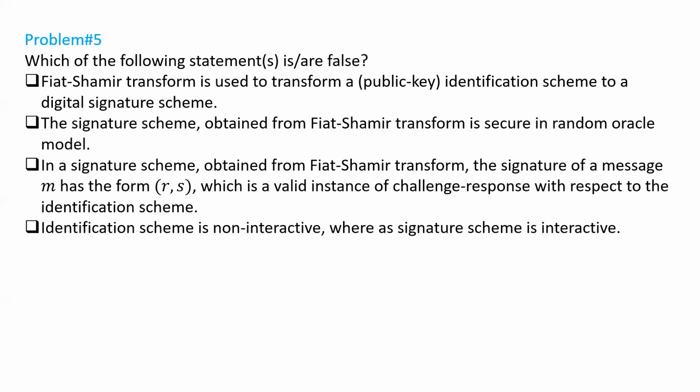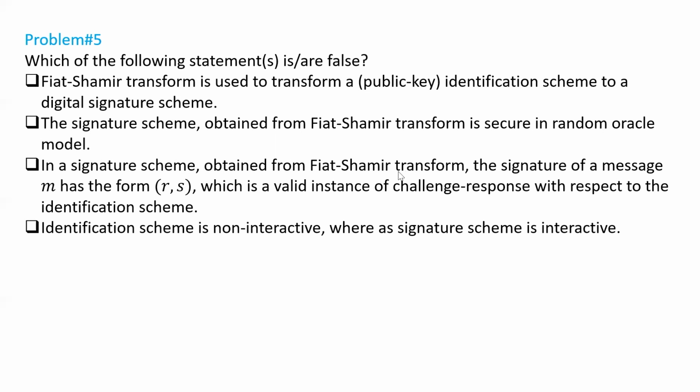In the third statement, it says that in a signature scheme obtained from Fiat-Shamir transform, the signature of a message M has the form R, S, which is a valid instance of challenge response with respect to the identification scheme. So this is correct. Basically, it describes one step of the signature scheme only.